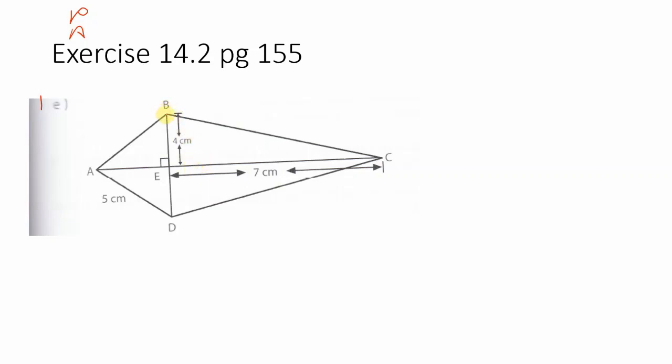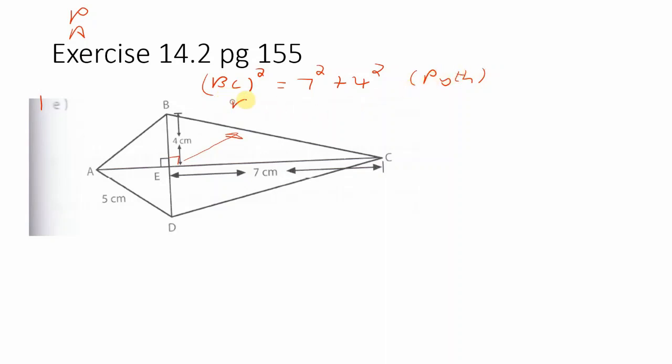Now, if we look at triangle BEC, we have the 7 centimeter, we have the 4 centimeter, we know we have a 90-degree angle, so we can use Pythagoras. We know, therefore, that BC squared, the hypotenuse, the longest side, the one opposite the 90-degree angle, equals 7 squared plus 4 squared, the two shorter sides squared. This is according to Pythagoras.